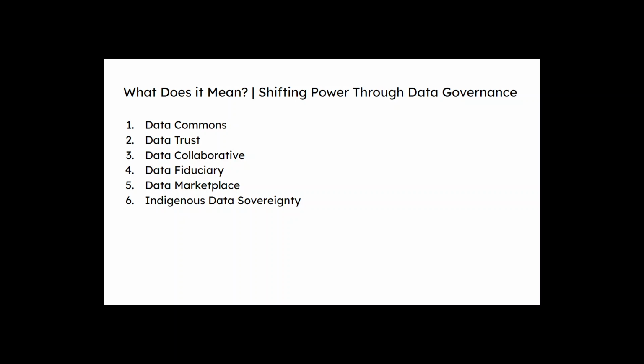Data commons is when data is pooled and shared as a common resource, and generally the goal is to address power imbalances by trying to democratize access to and availability of data. Generally, you'll see a lot of community ownership or some open source principles applied.